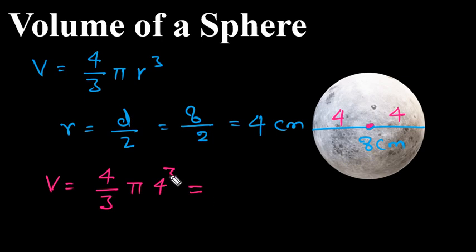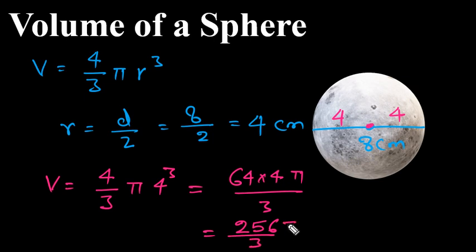Solve this. 4 to the power 3 is 64. 64 times 4, pi divided by 3. And that will be 6 times 4, 240, 4 times 4. So that will give you 256, I guess. And this is centimeters cubed.